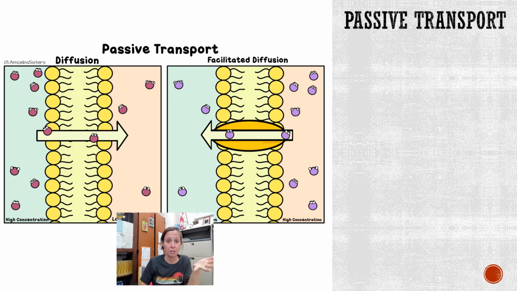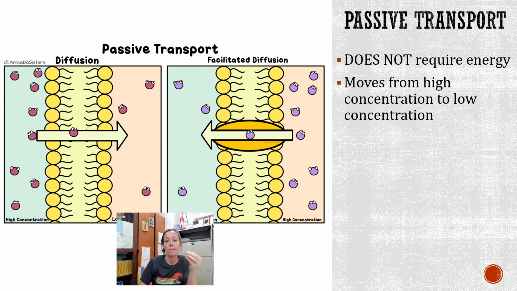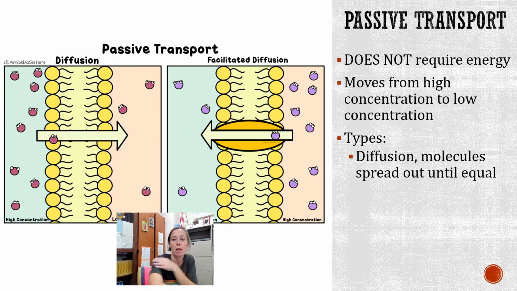So passive first, all right? Right now we're talking about passive, so it's not going to use energy. We're moving from a high concentration of molecules to an area with a lower concentration. Okay? So it's going to go with the concentration gradient, and there are two types that we're going to talk about. Right now we're talking about diffusion, which is when the molecules spread out equally. So that's this guy right here.